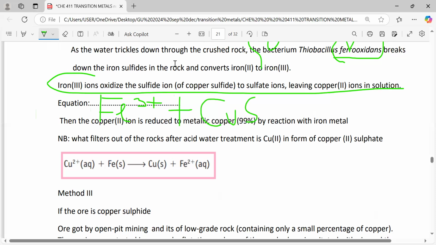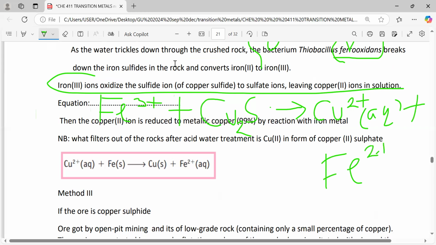Copper sulfide is copper 1, so it is supposed to be oxidized. Remember, this is copper 1. So when it is oxidized, it will go to copper 2, and copper 2 is soluble. And iron is the one that is doing the oxidation, so iron will go to iron 2 plus.